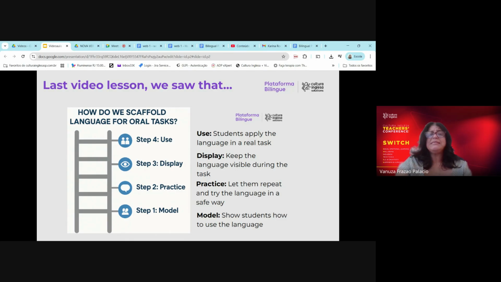So, for example, I say, well, whenever you need to ask for a specific object from a friend, just use can I borrow? And then you also check, as a teacher, whether that is being done, and you monitor. If it's not being done, you encourage students to use the new language. Okay, this is basically the steps to scaffolding.